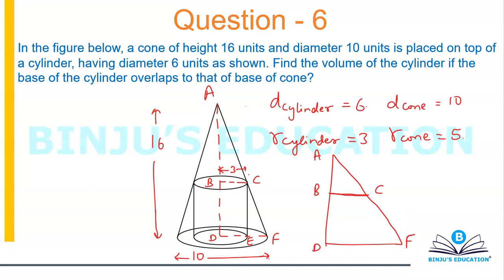Now if BC is parallel to DF, then I can say that triangle ABC would be similar to triangle ADF.